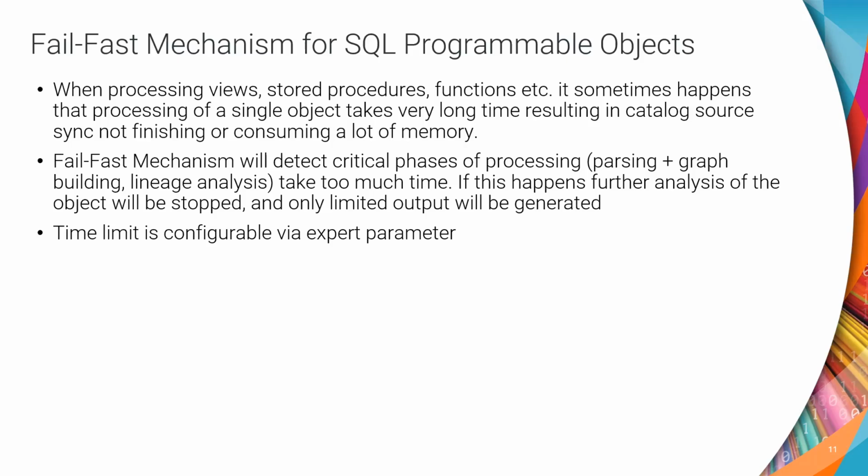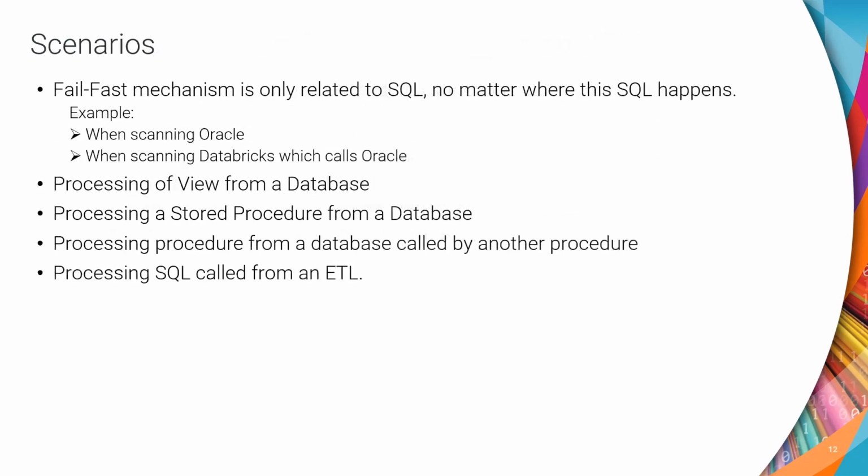When parsing views, procedures, functions, triggers, it sometimes happens that processing a particular object takes a long time, resulting in long scanner execution and consuming more memory. With this mechanism, we will detect the long running objects and we can skip them. By default, we can set a max processing time for the objects. This parameter can be set via export parameter.